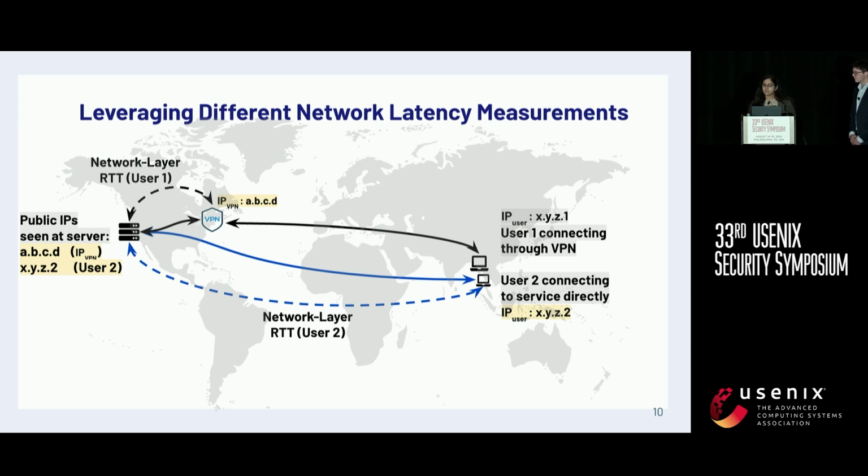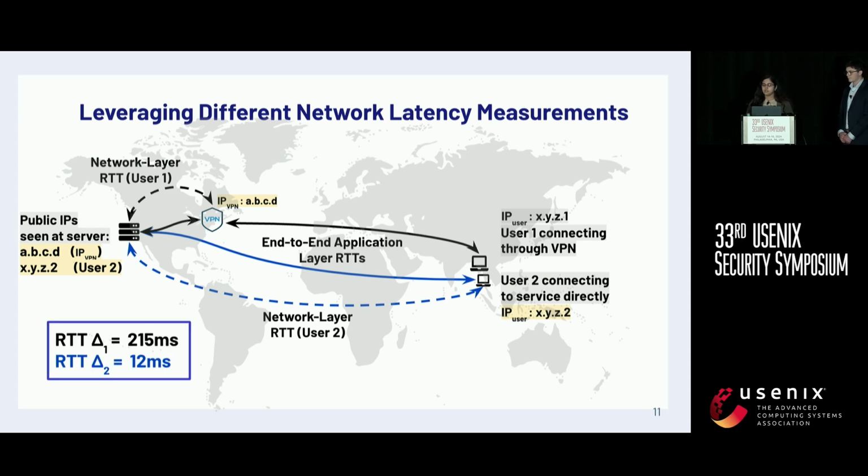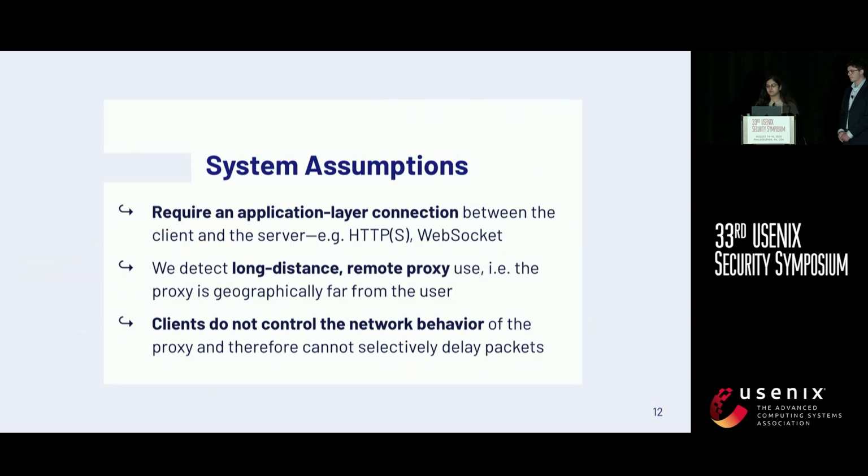So here, the network layer RTT would be small for user 1 and would be a larger one for user 2. So from this example, we can see that since user 1 is using a VPN, the RTT difference between the application layer and the network layer would be large and would be noticeably larger than for user 2, who is just connecting to the service directly. So this difference is what our system aims to measure and use to differentiate proxy use.